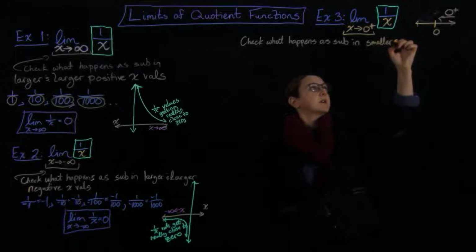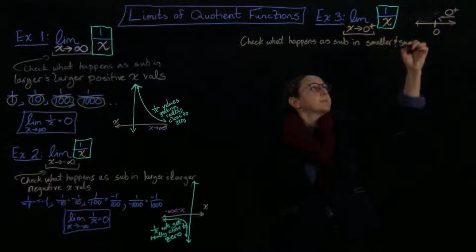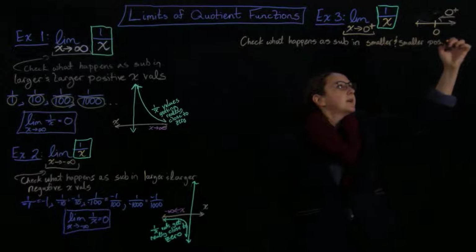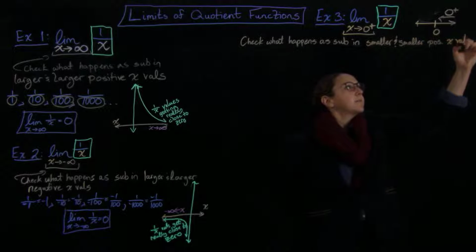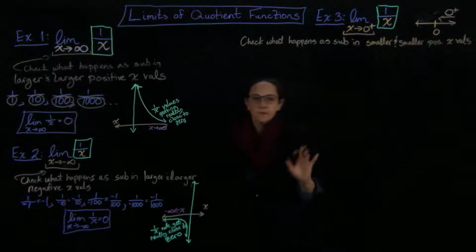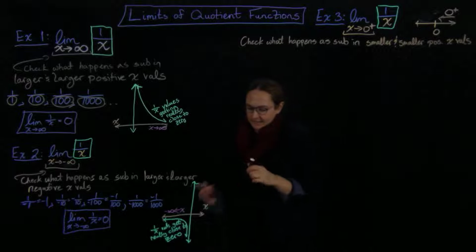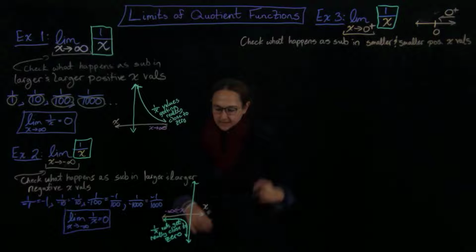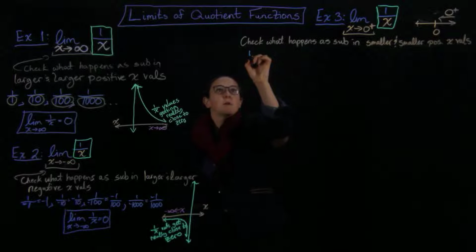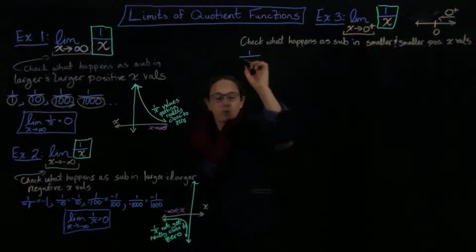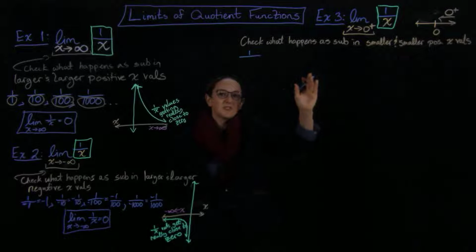Smaller and smaller positive x values. They should be getting smaller and smaller because we're approaching 0 like that. So we can go ahead and do this. So we have 1 over, so like 1/10. What are some values that approach 0?